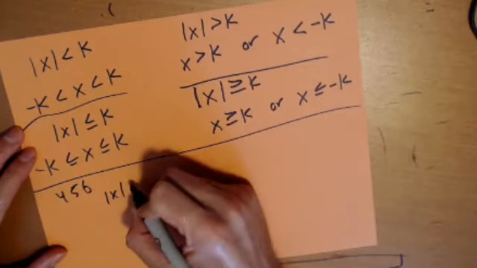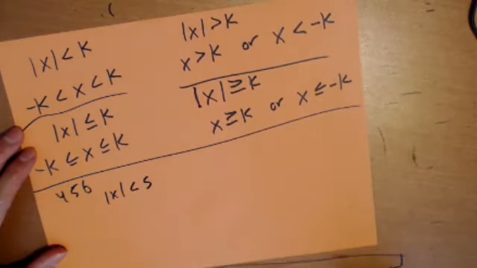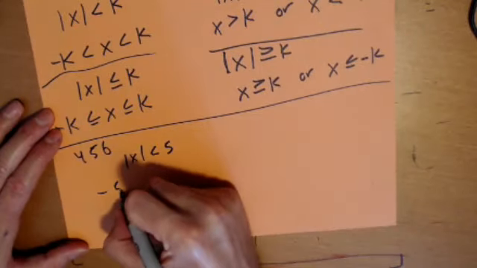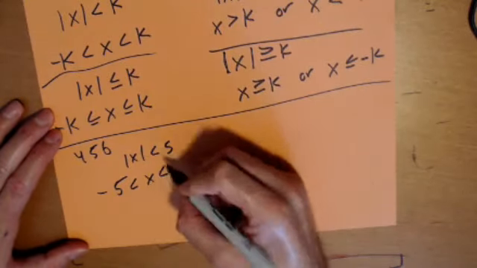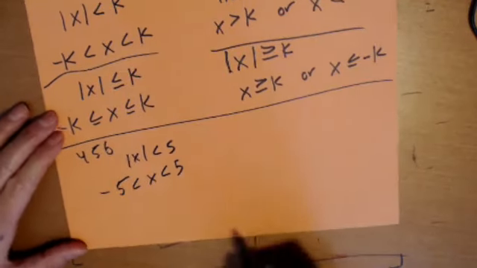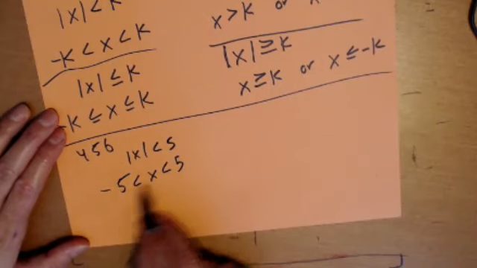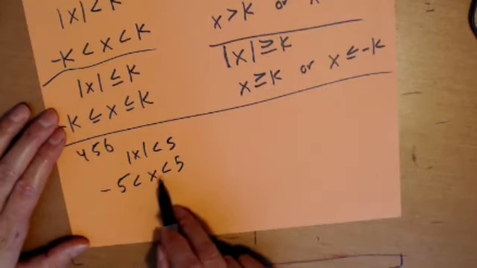456 is what we wanted. Absolute value of x is less than 5. That's just this situation right here. Okay. So negative 5 less than x less than 5. So when it's x is between things like that, I wouldn't say negative 5 less than x less than 5.